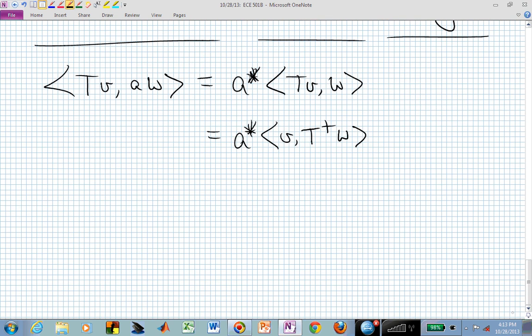But now what if I apply the conjugate homogeneity to the second slot? If I slide that scalar back in, I need to conjugate it to go back in, and the conjugate of A star is just A itself. So this is now equal to V, A T dagger W. Again, what's the left-hand side that we started with?